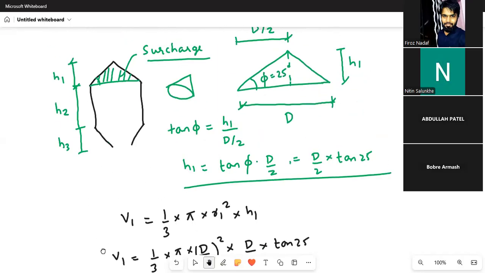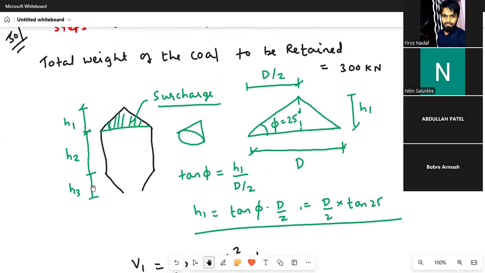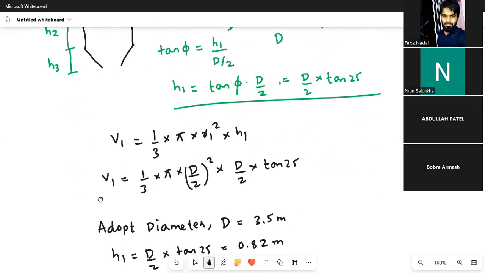So we got the height of the surcharge. See, first step is to fix the dimension of the bunker. So in that we have gotten H1. Once we have H1, we can find the volume of the surcharge. Similarly, we can find H2 and H3 and we will get the volume of the other part of the bunker.